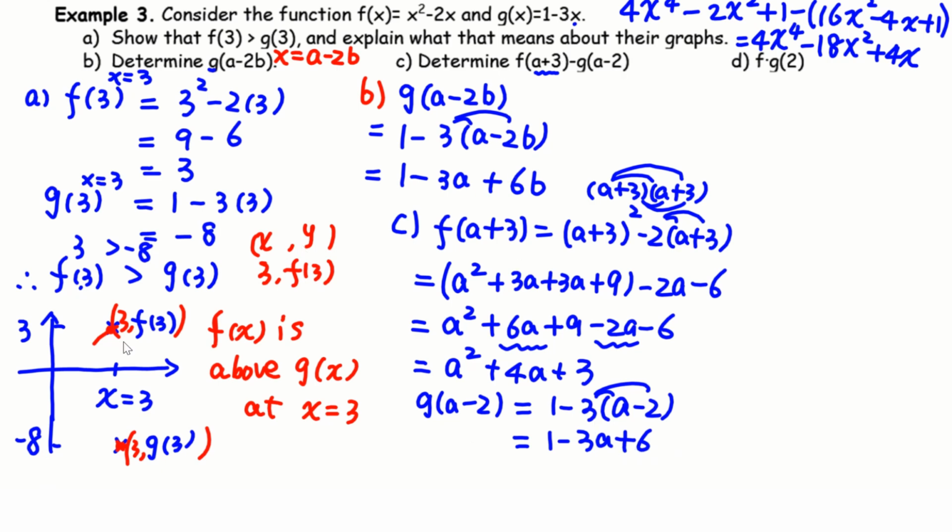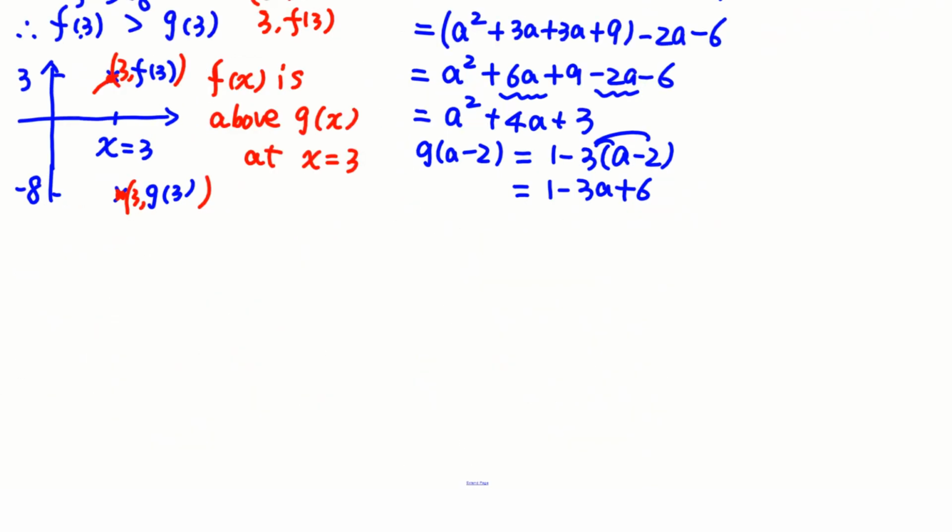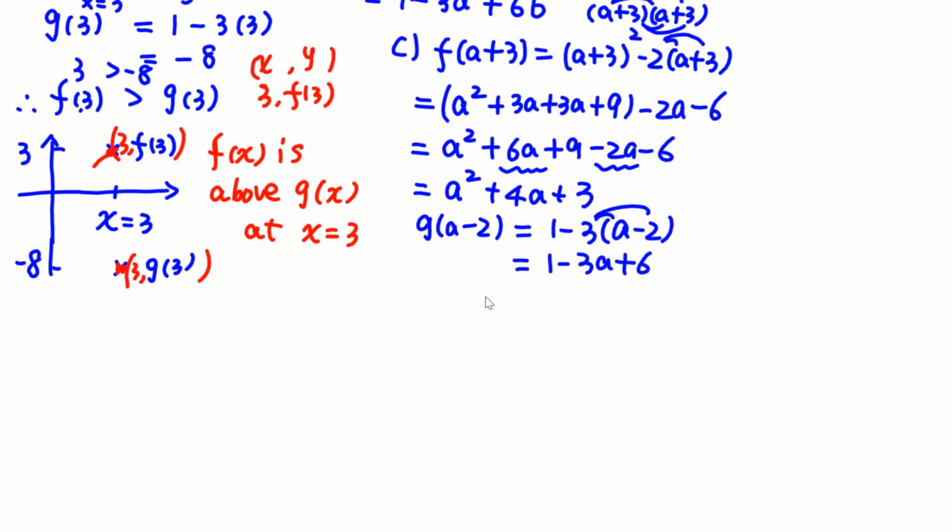Then subtract these two terms, what we got together. So a squared plus 4a plus 3, that is f at a plus 3, then take away g at a minus 2, 1 minus 3a plus 6.